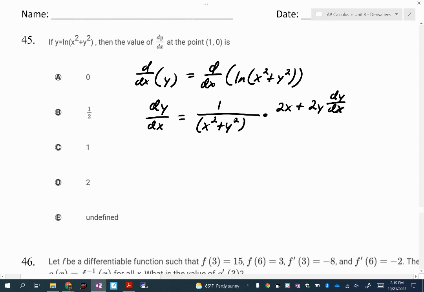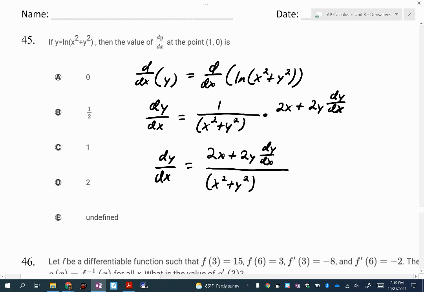Okay, so I'm going to move that to the numerator, which is 2x plus 2y dy dx over x squared plus y squared.